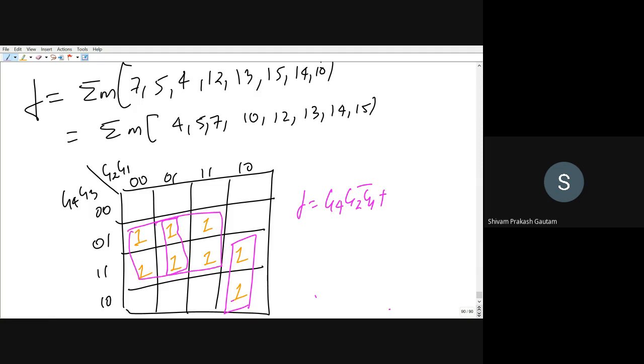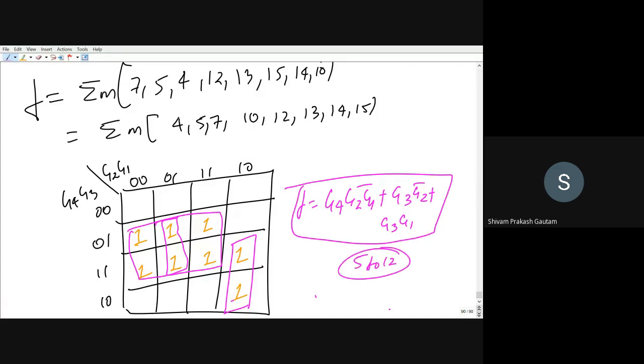For the first quad, it will be G3, G2 bar, and for the second quad it will be G3, G1. So this is the function for which the gray code will return 5 to 12, right?